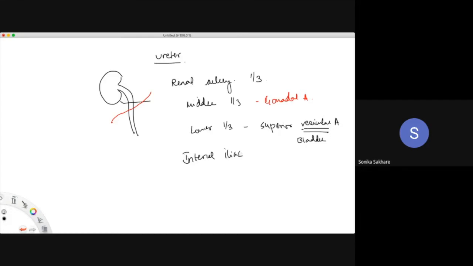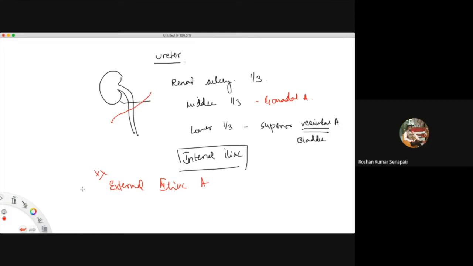I told you the common iliac gives the internal iliac and the external iliac. Now, if you're given an MCQ that the ureter is supplied by the following except, your answer should be external iliac artery, because none of the branches of the external iliac supply the ureter.